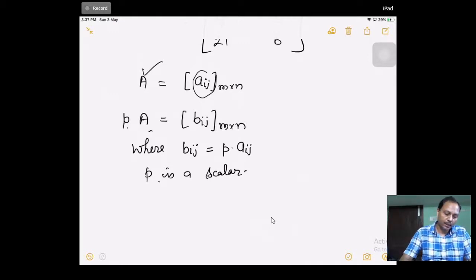The order of the matrix which we have multiplied and the matrix obtained after multiplying are both the same. Order must be the same. Okay.